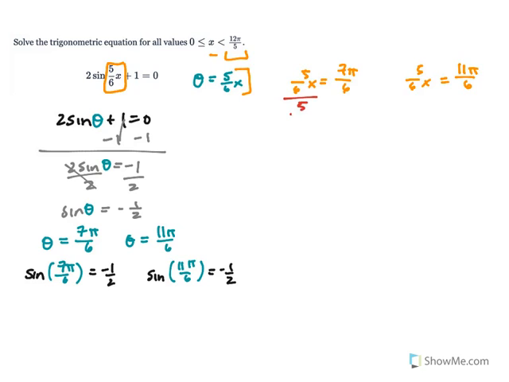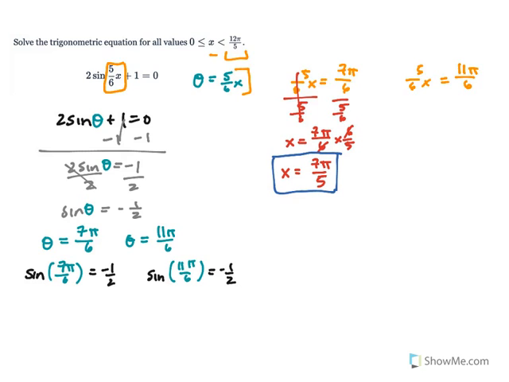So we can divide by 5/6 on each side, and we're left with x equals 7 pi over 6. And when you divide by a fraction, it's like multiplying by its reciprocal. And when we do this, the 6's cancel out, and we're left with x equals 7 pi over 5. And this would be one of our final answers.